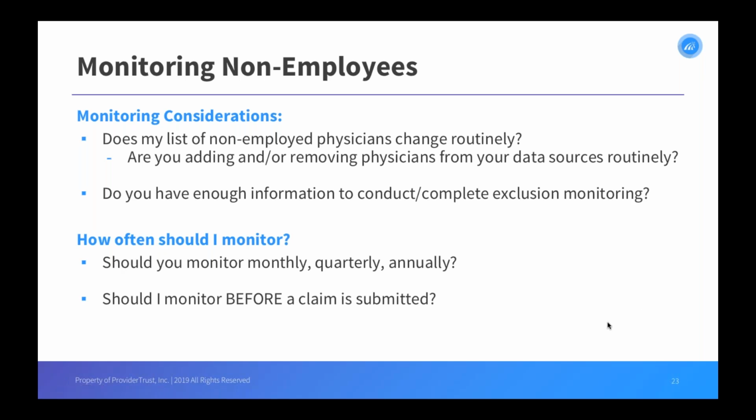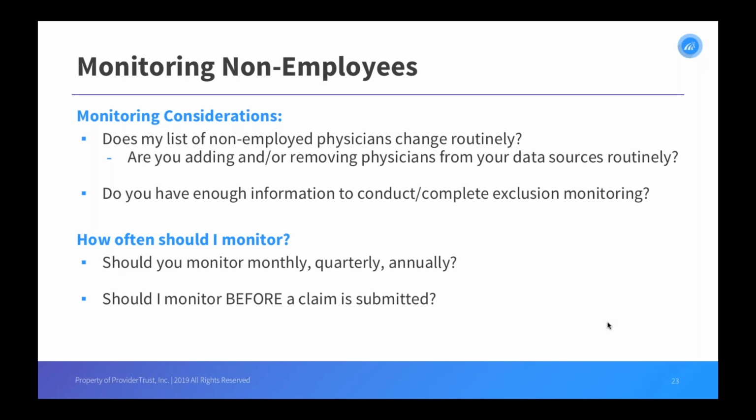So then the question is, how often do I monitor? This is really a question that I think you have to put some real thought into. We know that the OIG says to us that they update the LEIE list on a monthly basis. And so as providers, we would really never have an excuse that we didn't know if someone was on the exclusion list, less frequently than once a month, because they're giving us the list once a month.